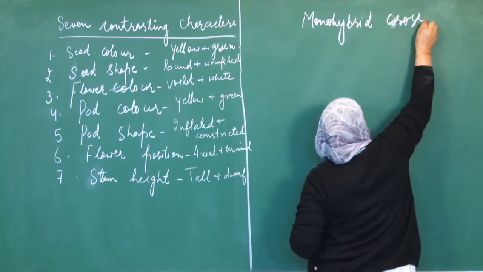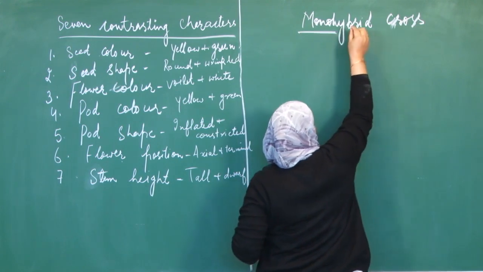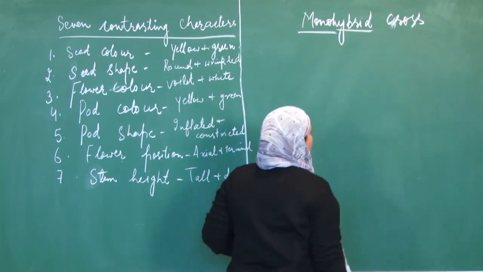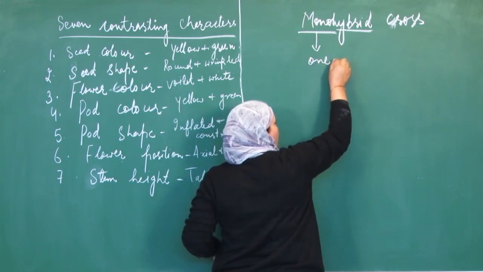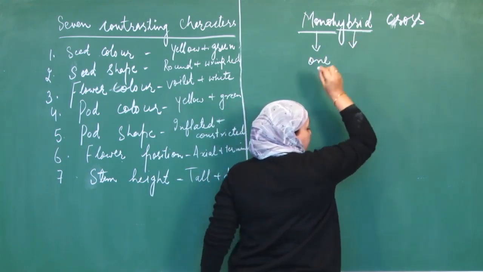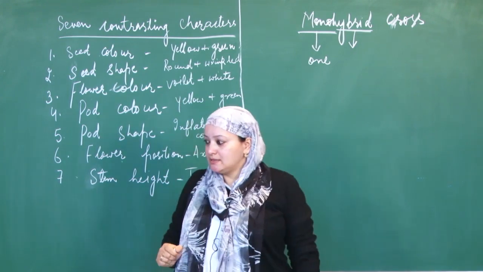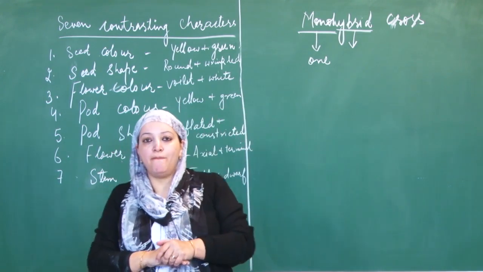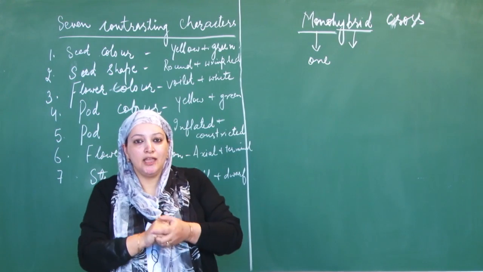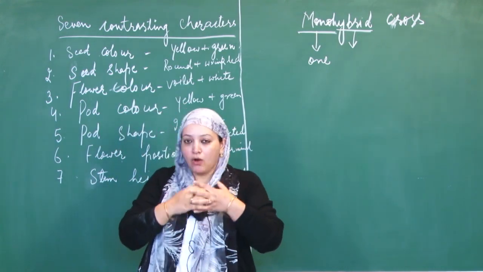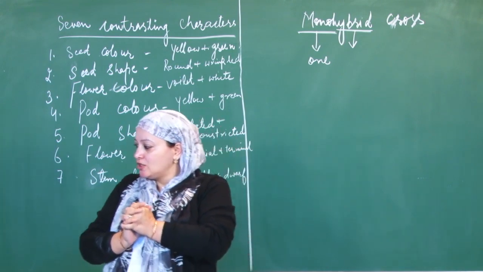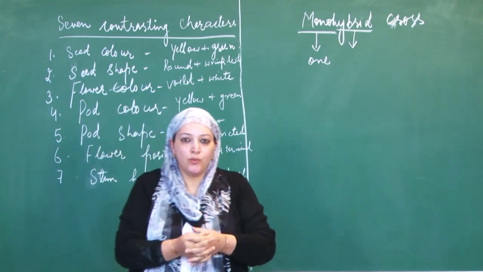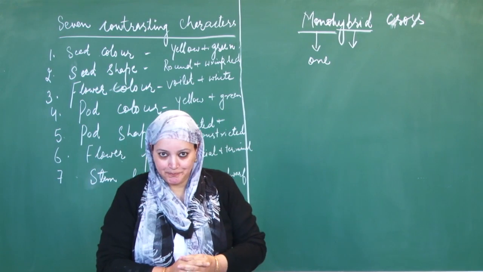Monohybrid cross. What do you mean by mono and hybrid? Mono means one, and what do you mean by hybrid? A hybrid is a new form of plant resulting from a cross or breeding between 2 plants to get a new combination.